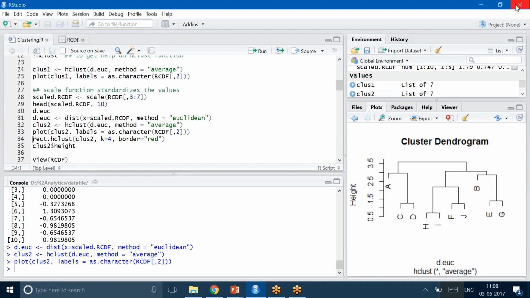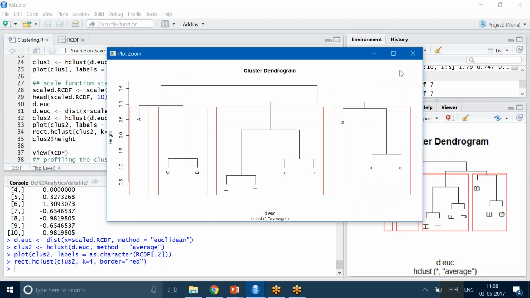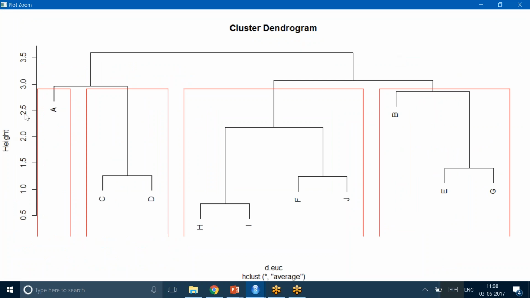So let me put the boundaries of these clusters using the function rectangle. Now when you see, these are the 4 clusters. A is a separate cluster, CD is a separate cluster. Now where is this distance? This distance is on this scale.